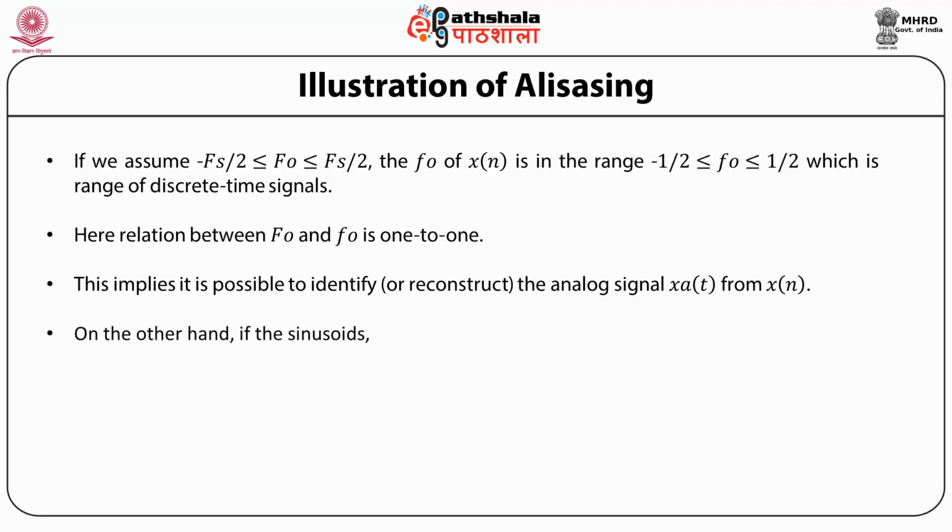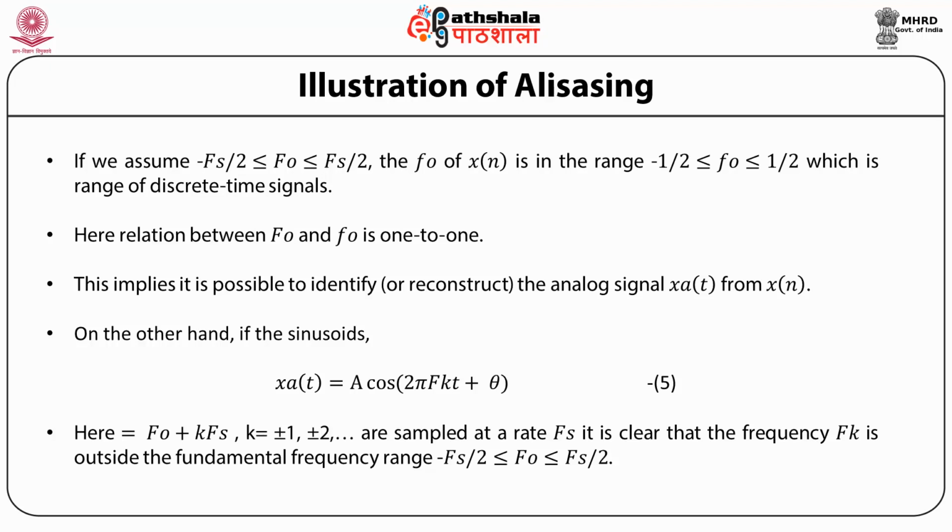On the other hand, consider the sinusoids xa(t) equal to A cos(2 pi Fk t plus theta), where Fk is equal to F naught plus k Fs. Here k varies as plus or minus 1, plus or minus 2, and so on. They are sampled at a rate of Fs. It is clear that the frequency Fk is outside the fundamental frequency range, that is, F naught varying from minus Fs by 2 to plus Fs by 2.